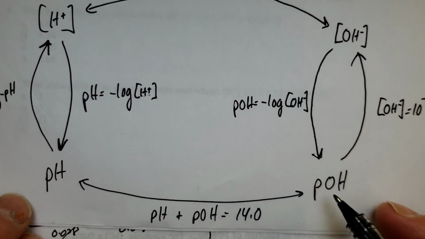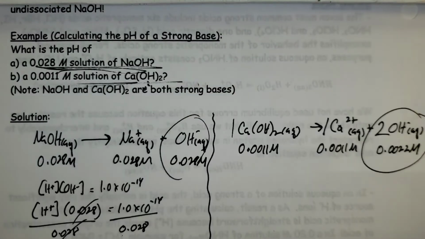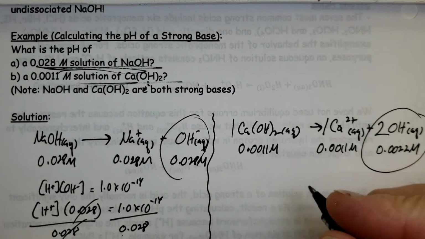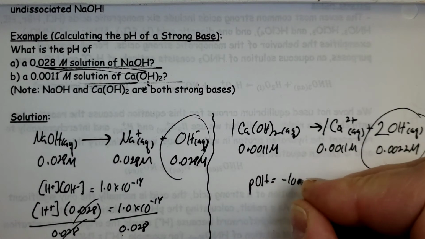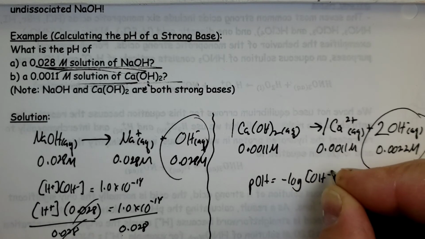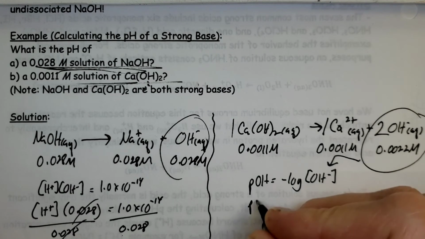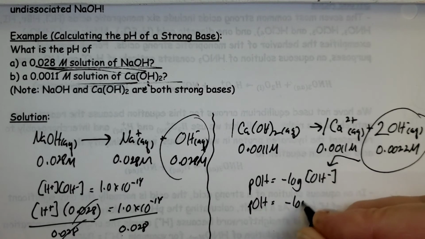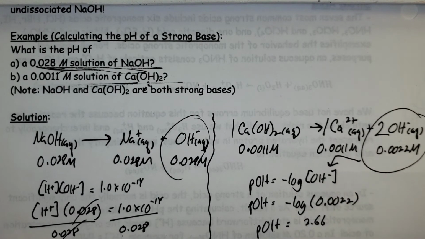Let's figure out the pOH first, and then knowing that it must add up to 14 with the pH, I can get that. So pOH is equal to the negative log of the hydroxide ion concentration. So pOH equals negative log of 0.0022. That gives us 2.66.